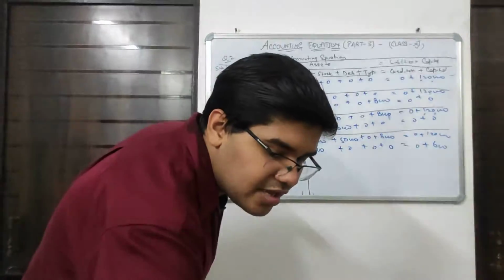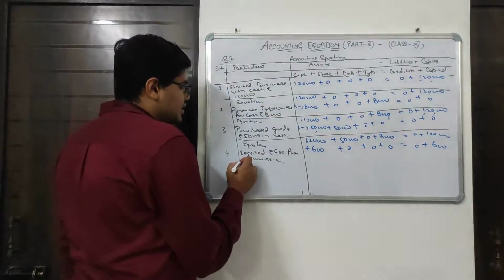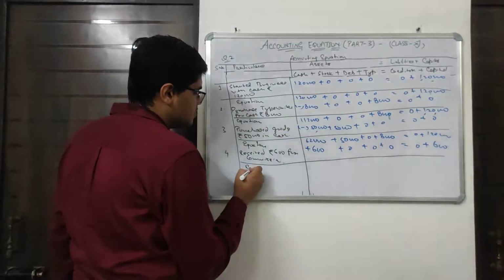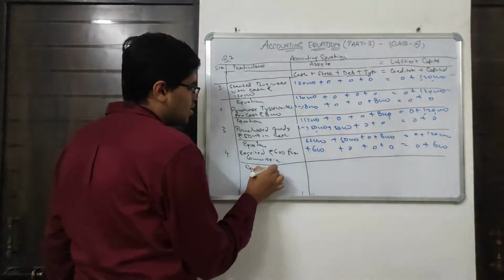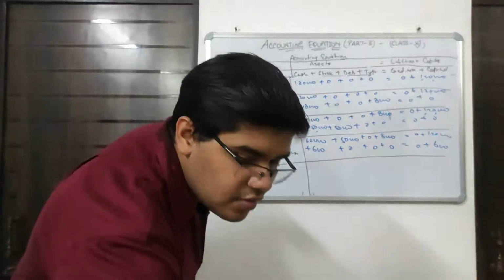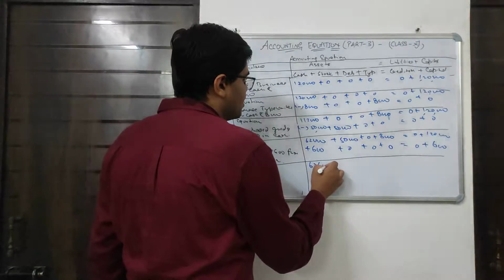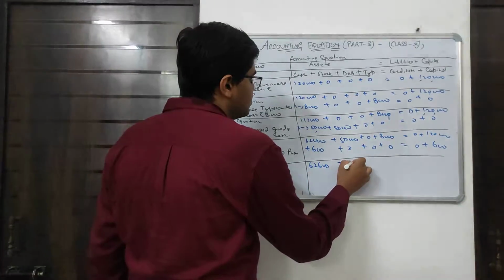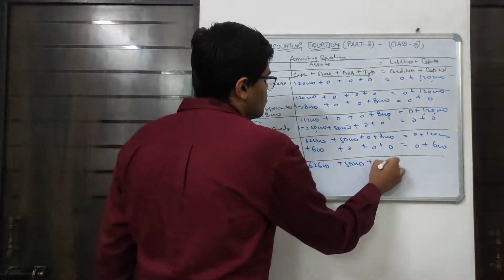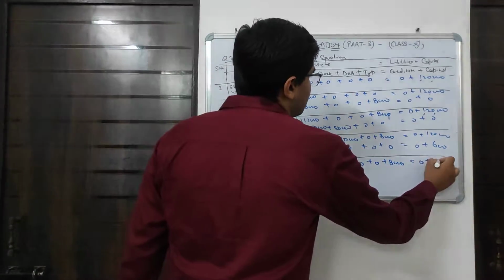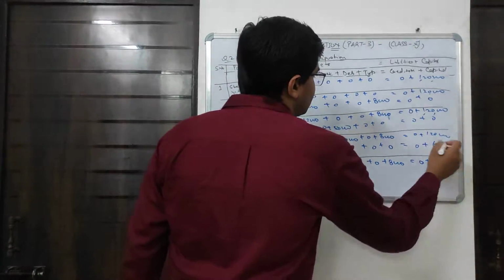Now again we will frame an equation to see whether it is equal or not. 62,600 plus 50,000 plus 0 plus 8,000 plus 0 plus 1,20,600.